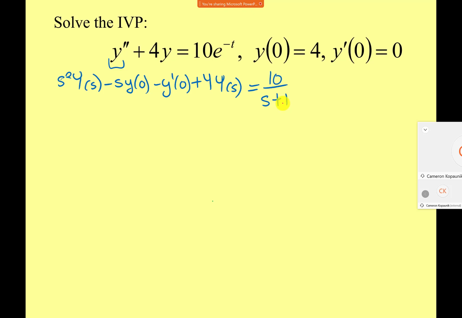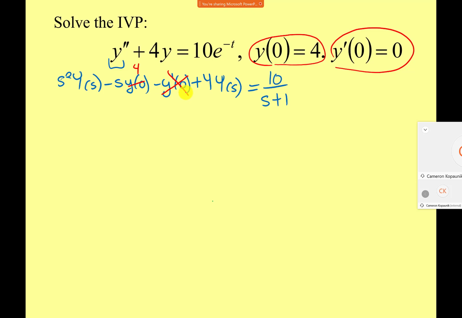Okay, so that part looks very similar, but we have a different DE, and we're going to have some little different outcome here. So let's do our initial values. y of 0 is 4, so that's going to become a 4, and y prime of 0 is 0, so that one is going to be out of there.